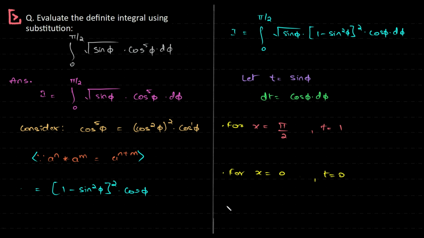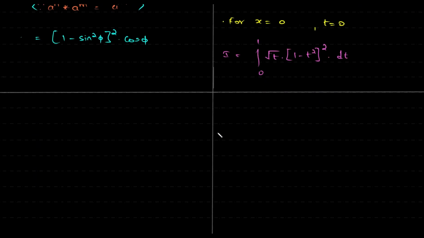Got it? So I is equal to the integral from 0 to 1 of square root of t times (1 minus t square) the whole square dt. Agree?